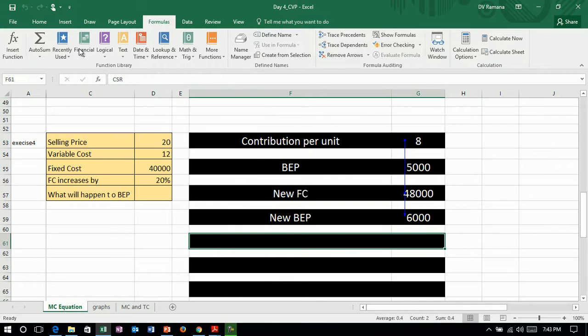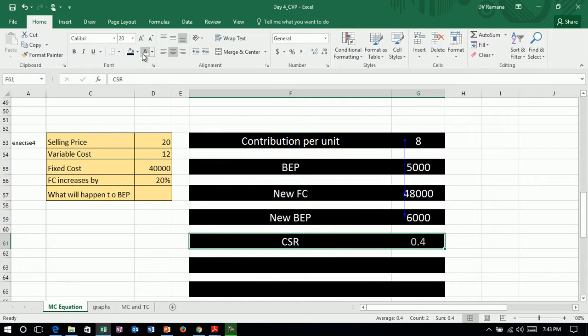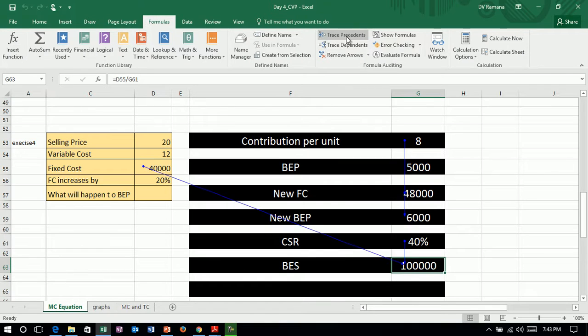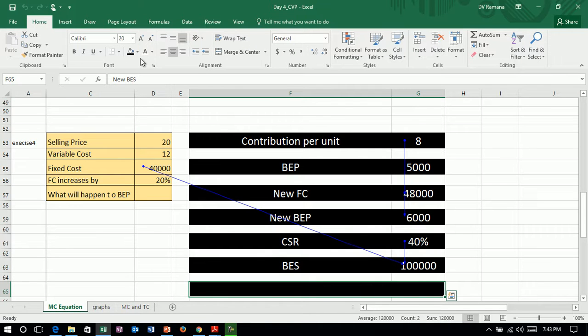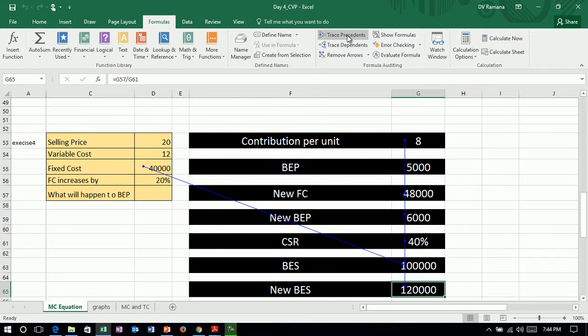Let us also see the break-even sales and the revised break-even point. Revised break-even sales if there is a change in the fixed cost. In this case, the break-even sales is equal to the fixed cost divided by the contribution to sales ratio, and the revised break-even sales is equal to the revised fixed cost divided by the contribution to sales ratio.